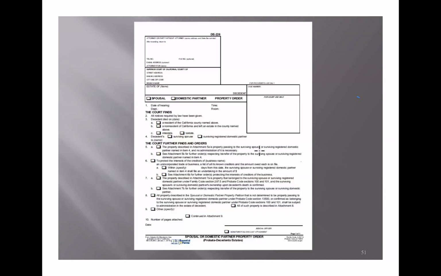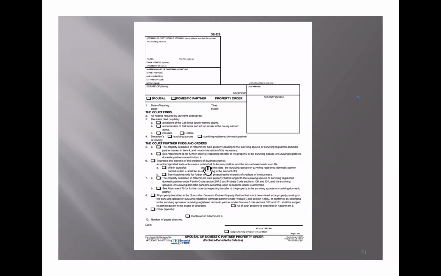according to the way I said in the earlier part, either you're going to appear in person or you're going to appear by CourtCall or phone. And let's say you check ahead of time with the probate examiner, and they have no problems with your petition, then you can bring the order with you if you're appearing in person.